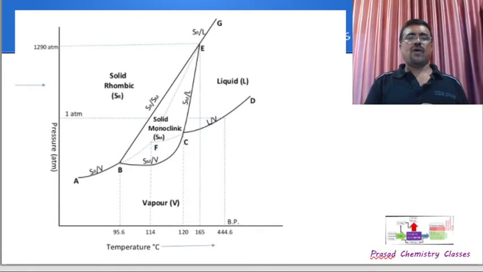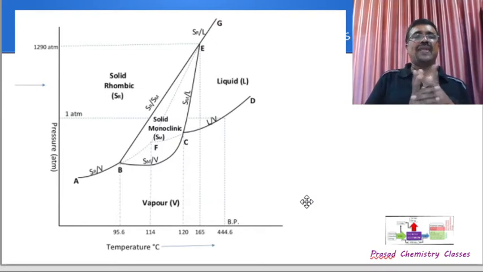Then we can have the sulfur system. Sulfur has two different solid forms, monoclinic and rhombic, and it can have a liquid phase and a vapor phase. But this is a one component system. Only three phases can coexist in such a system.